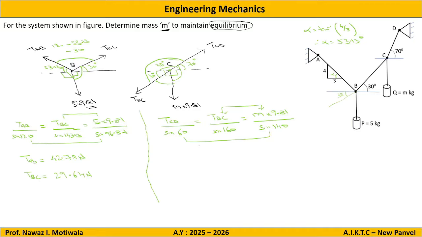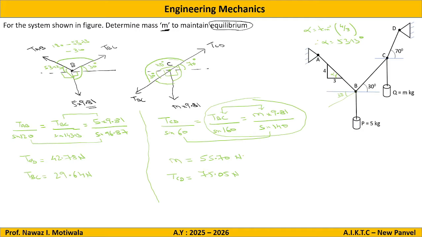So if I take these two and solve, I have the value of TBC, I will get the answer for M. So I am getting the answer for M as 55.70 newtons. Then if I use these two, TCD and this, I will get the answer for TCD as 75.05 newtons. This is not required to be found out, but okay, we can find out this also.